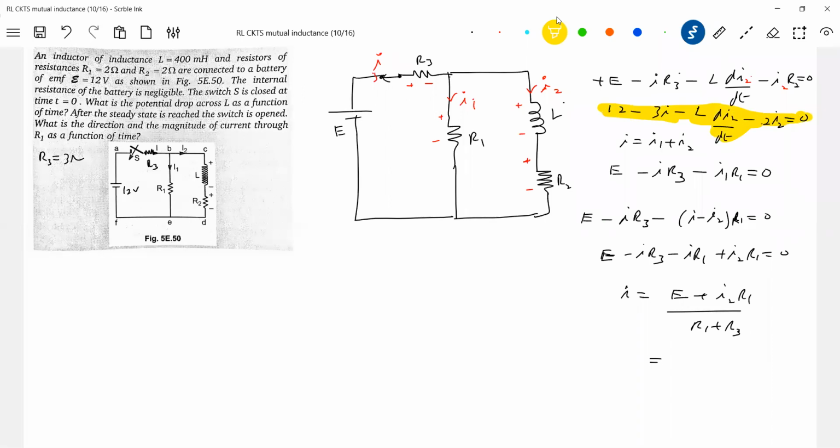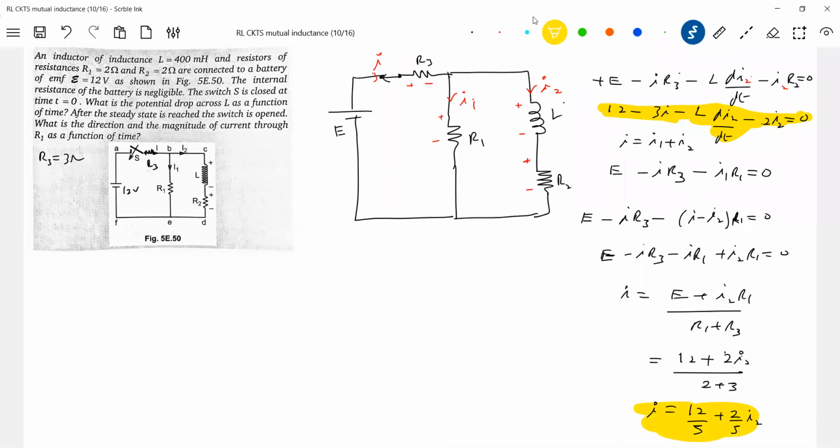So now solving this, E is how much? E is 12 plus I2, R1 is 2, so 2 I2 by R1 plus R3, 2 plus 3, 5. So 12 by 5. Okay, now we are ready for this one.